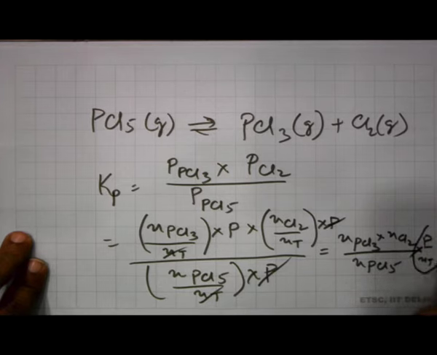Now, you see this P is constant and your Nt is changing. Nt increased because you introduce the inert gas. Since Nt is in the denominator, an increase in Nt means P by Nt is decreasing.